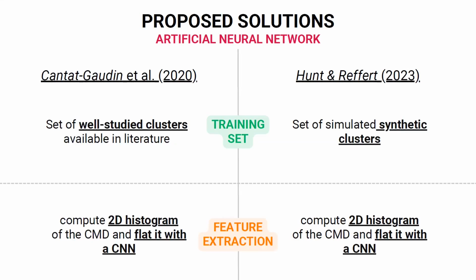How do they transform a color magnitude diagram into a 1D array? They compute a 2D histogram of the color magnitude diagram, so they compute an image of the color magnitude diagram, and they feed it to a convolutional neural network, like those used, for example, to recognize images, and translate it into a flat array.